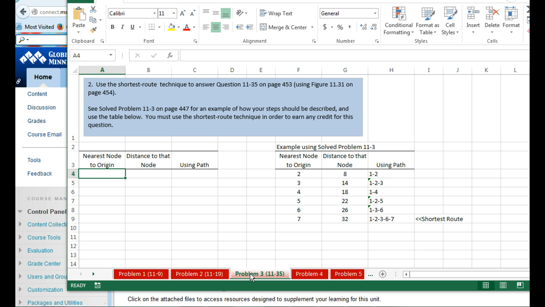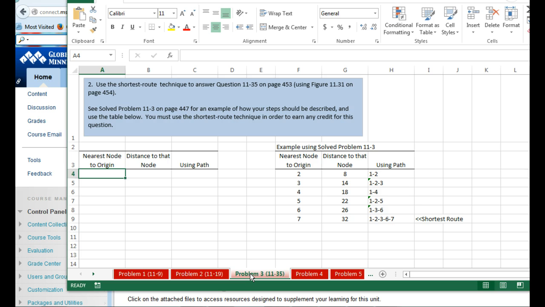So after you do the reading, make sure you pay close attention to the explanations on page 430 of minimal spanning, then on page 435, the maximal flow technique, and then on page 440, the shortest route technique.